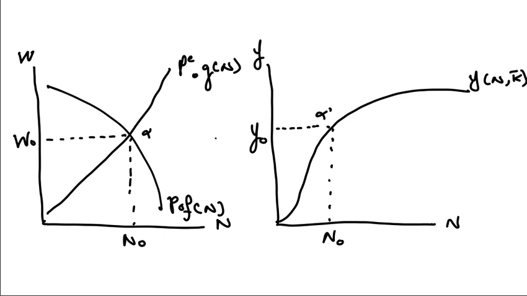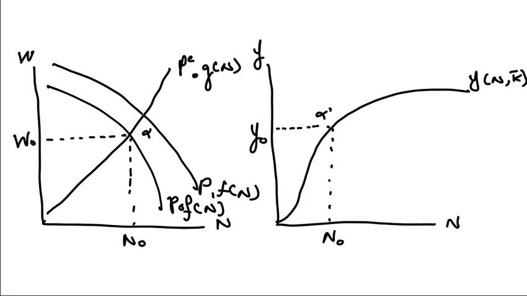So obviously in the labor market, because the actual price has increased from P0 to P1, it will directly affect the nominal labor demand here. So what happens to labor demand is that it will increase or shift to the right. Let me draw it here. It will shift to the right from P0 Fn to P1 Fn.